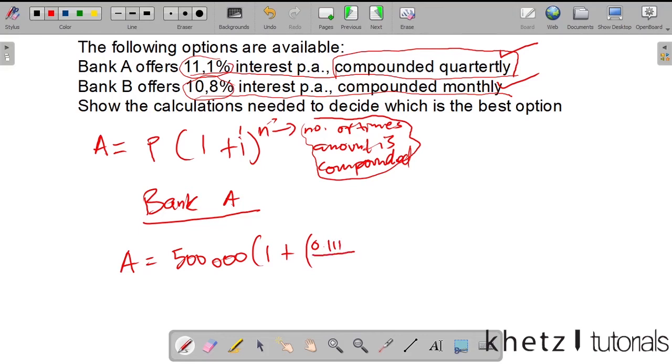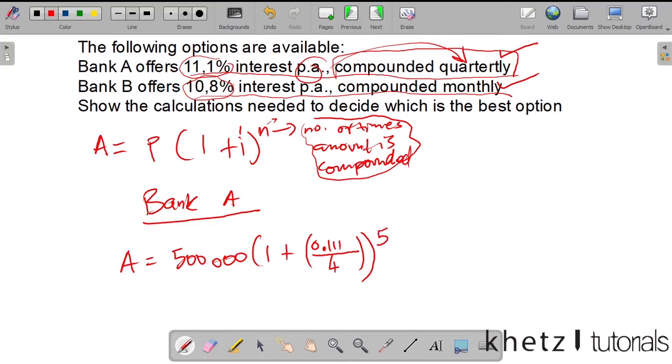Now we divide this 0.111 by the compounding period. It says quarterly, and there are 4 quarters in a year, right? So per annum, compounded quarterly, you divide by 4, close the bracket, and your exponent, we are dealing with 5 years.